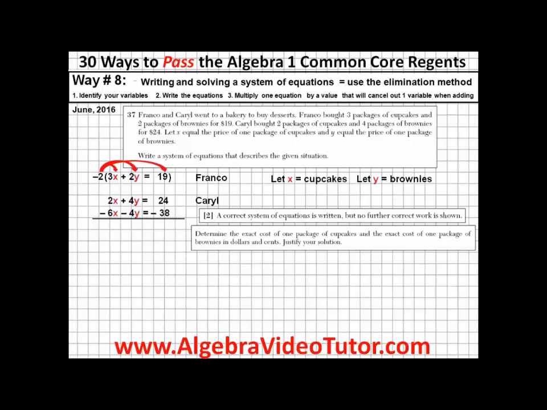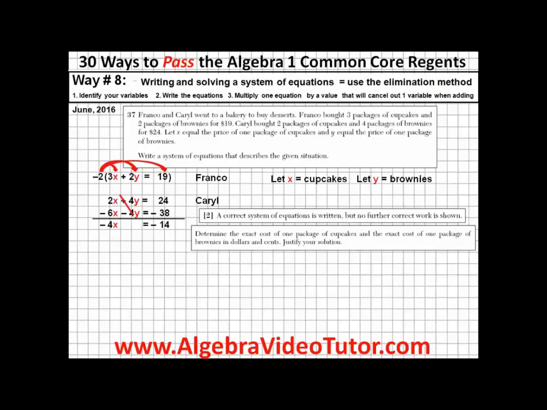So what I did is I multiplied Franco's equation by -2 to get -6x, and then -2 times +2y gets me a -4y, and then distribute the -2 to the 19 to get a -38. Okay, so then when you add up these equations, the +4y and the -4y will cancel each other out. All right, and so when you add up now, you should be left with -4x equals -14.